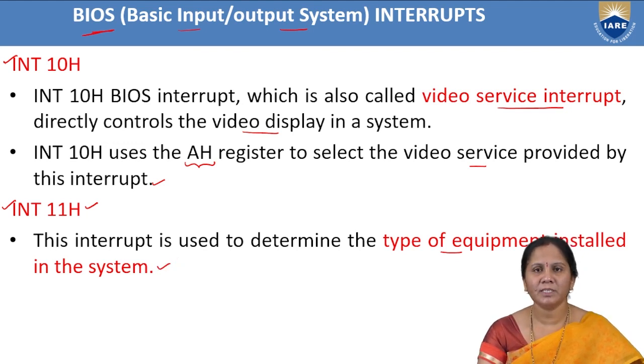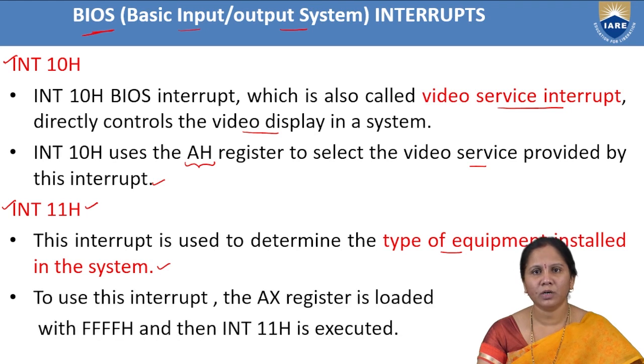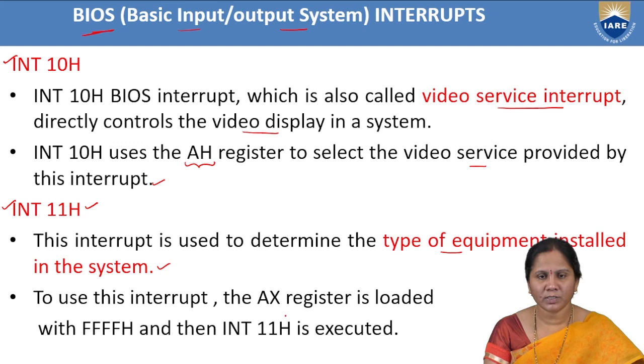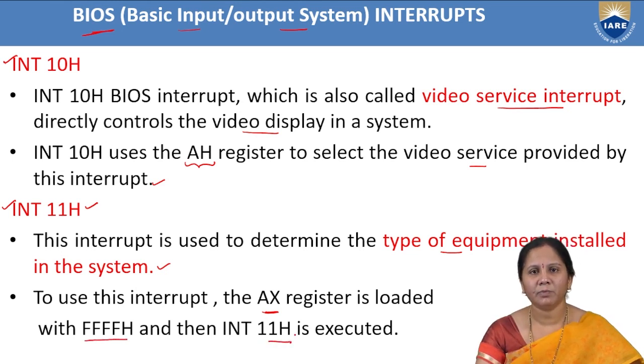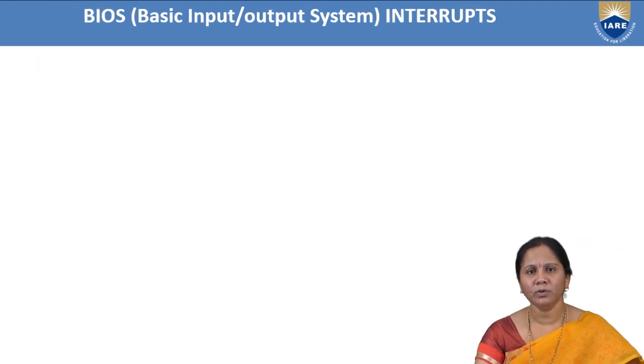When this interrupt is executed, we can identify the type of equipment installed. In order to use this particular interrupt, we have to load the AX register with the value FFFFH, and then the INT11H interrupt will be executed. So in these BIOS interrupts also, the values we load into the registers are important.